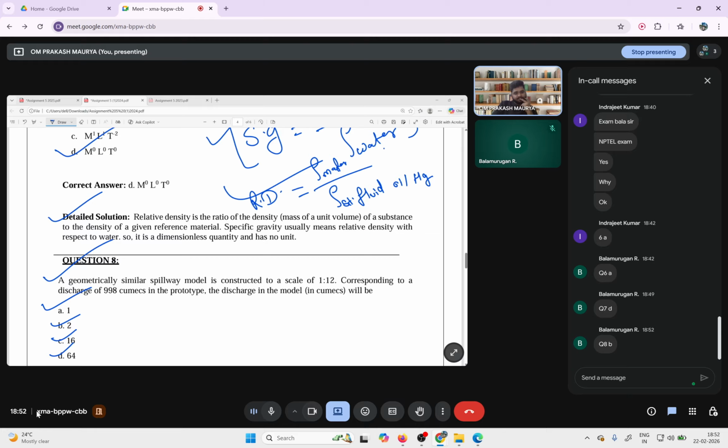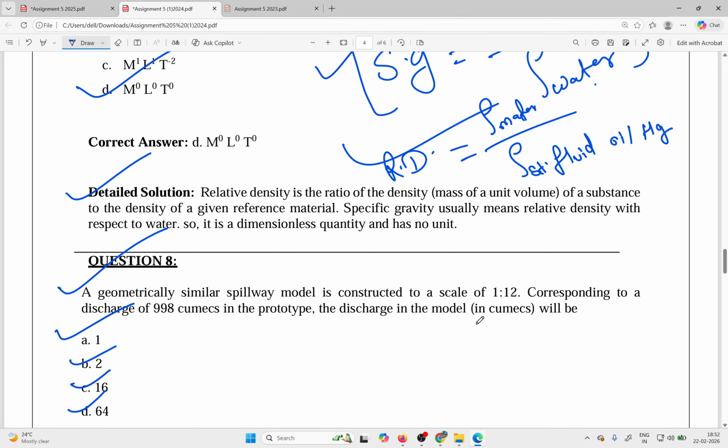Okay, you are telling the B option, that is 2. Okay, nice. You know already the discharge is nothing but area into velocity.